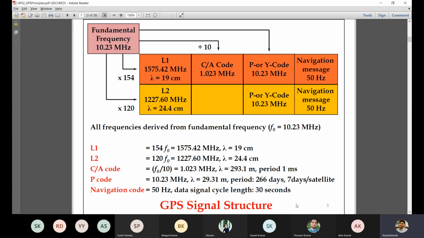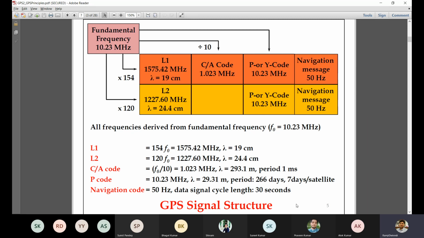Then the codes, which we call the gold codes, very precise codes or pseudo random noise codes, PRN codes, are generated with the help of the same fundamental frequency, one by dividing by 10 and one similarly using 10.23. So CA code and P code. On L1 you have CA code and PY code, but on L2 you do not have CA code, you simply have PY code. Then apart from that, you have the navigation message.